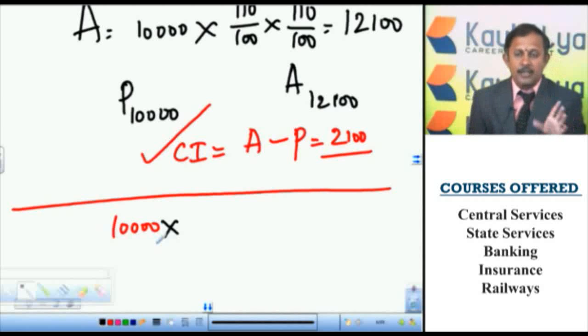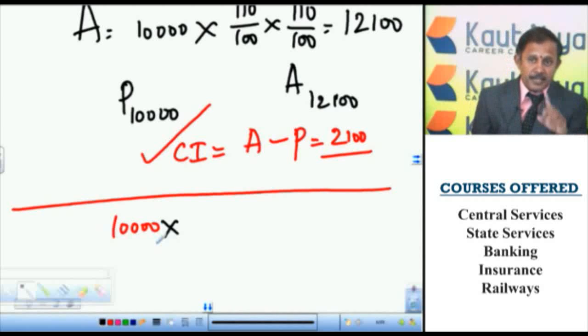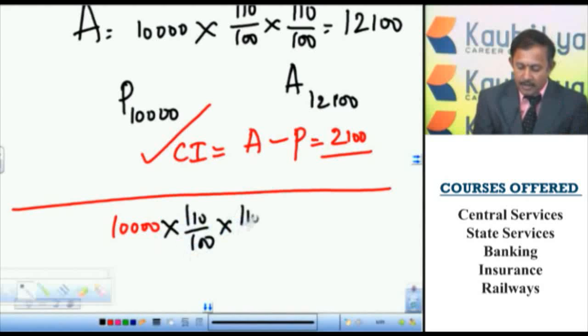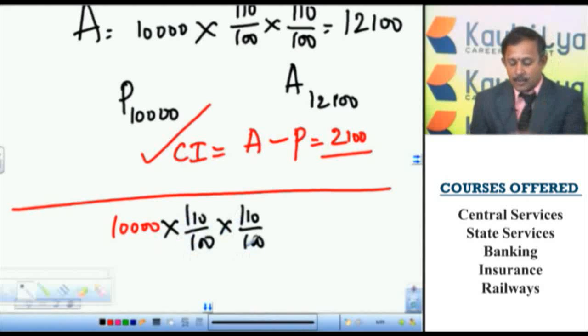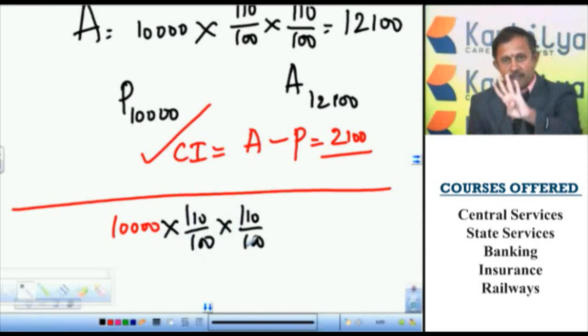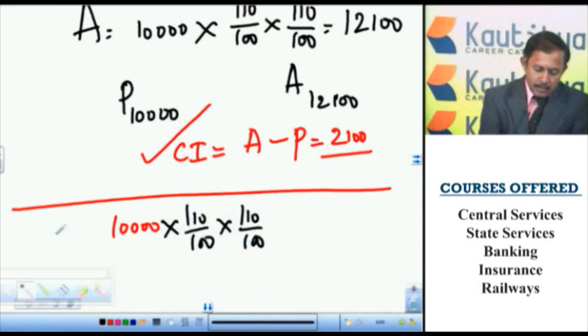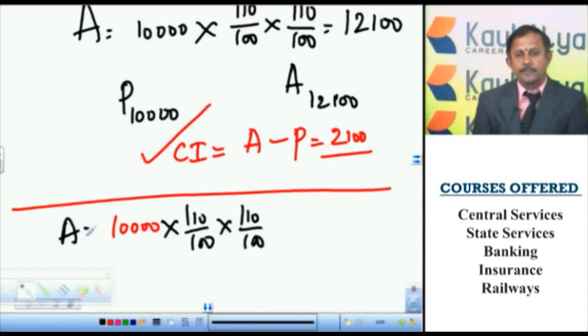As you all know, if a quantity increases by 10%, it becomes 110%. So we can write the fraction 110 by 100 for 2 times. If the time period is 3 years, we have to repeat the same fraction. If the time period is 4 years, we have to write the fraction 4 times. Like that, we can calculate the amount value. From that amount, we can subtract the principal value.